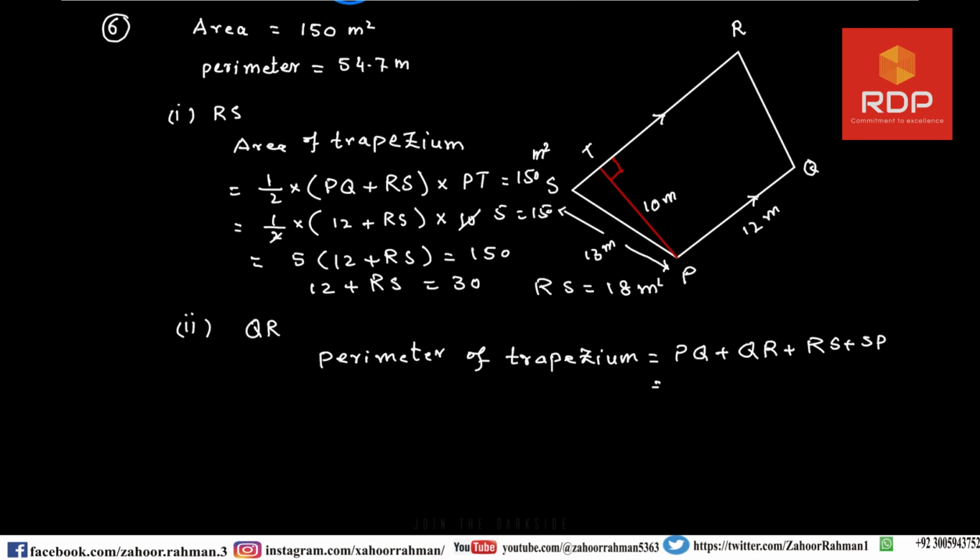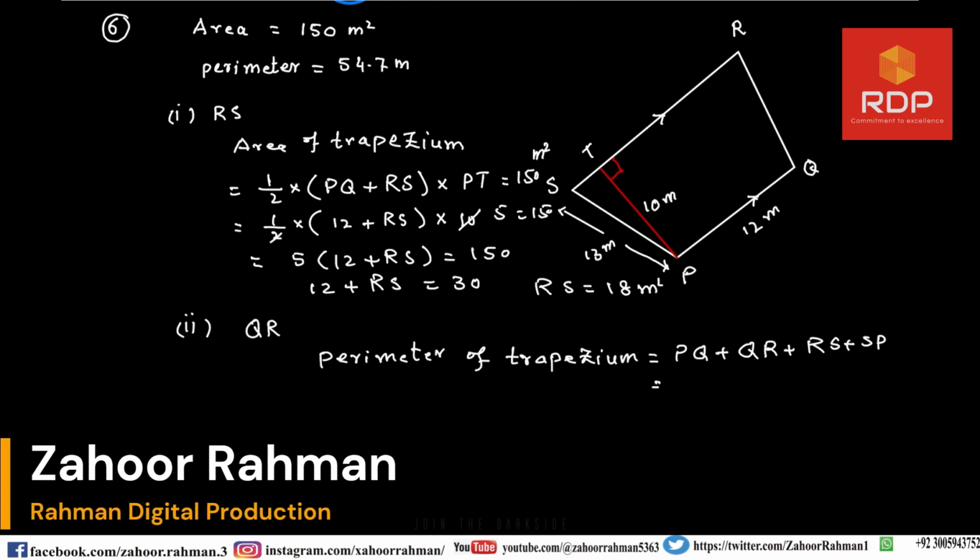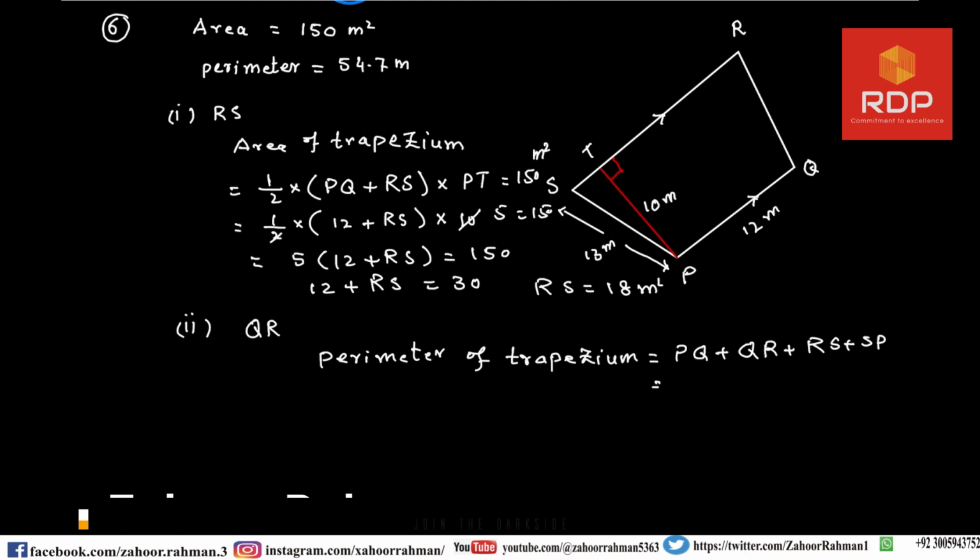Putting the values, here I am writing that the perimeter is 54.7 and PQ is 12, QR we have to find, plus RS, we found that in the first part, and that is 18, and plus SP is given as 13.